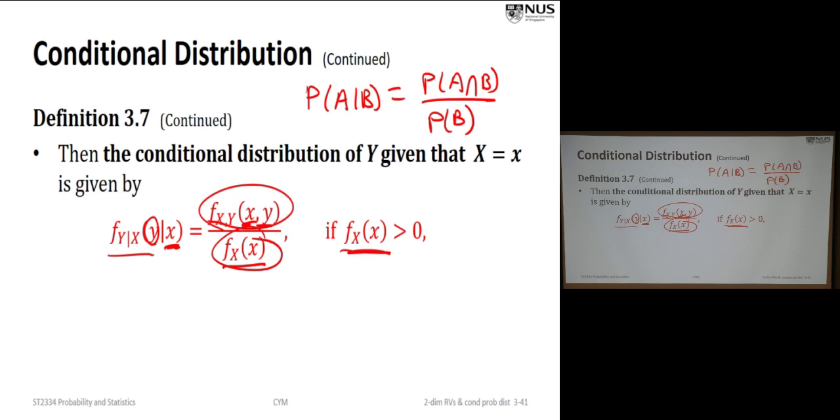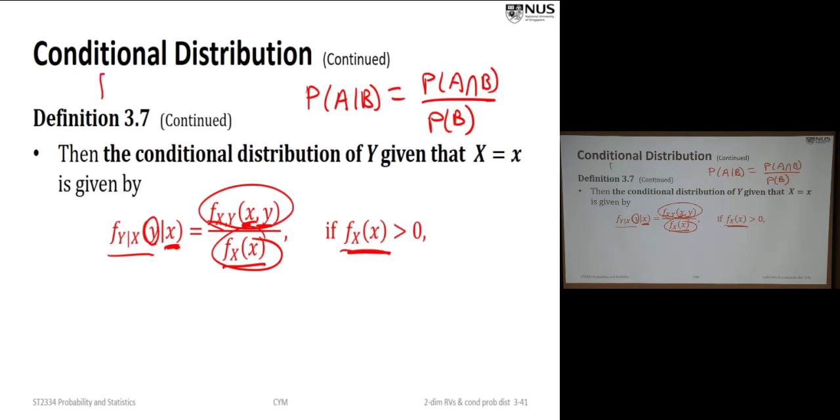So let me ask you. This expression, the conditional PDF, is it a function of x and y? Yes, it involves x and y. It's different from the marginal of y.